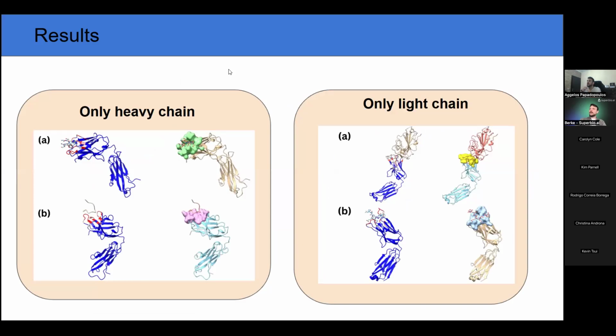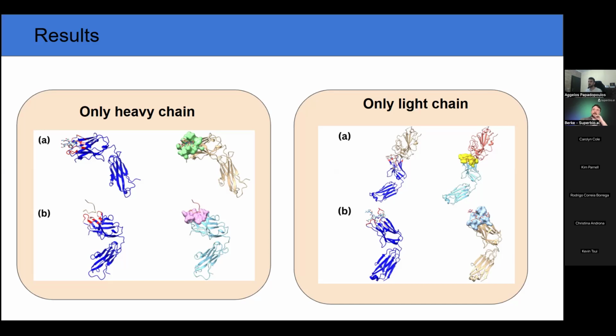Now, another case is that in the wet lab, scientists can only have information about one chain. They are unable to have the whole antibody structure. So what happens then? The previous state-of-the-art paper also did some experiments there, and we achieved, again, state-of-the-art results when having solely one chain, either only the heavy chain or only the light chain.